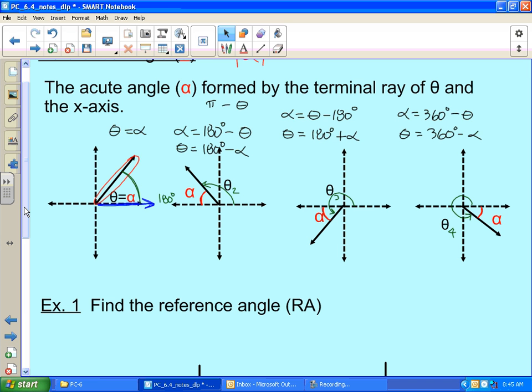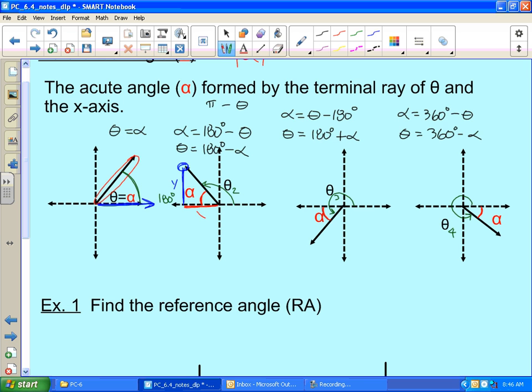You'll notice, using the example here for quadrant 2, that at that angle alpha, I can create a triangle. And for that triangle, from the end of our terminal ray, we'll always draw a vertical line back to the x-axis. So there's my y value, and here's the x value of that triangle. So these alphas create for me this acute angle coming from the origin for this right triangle.